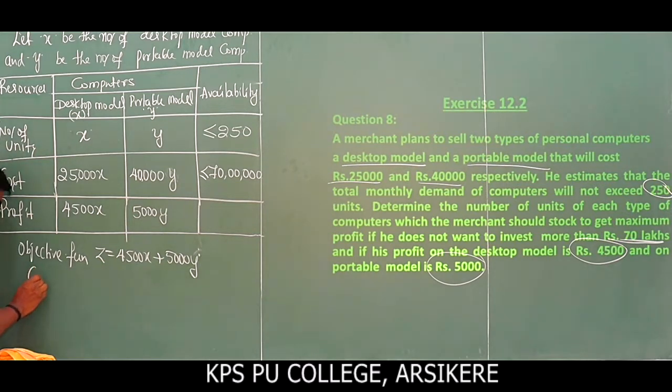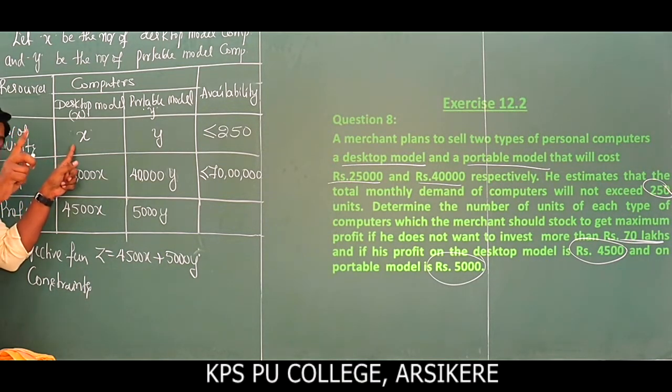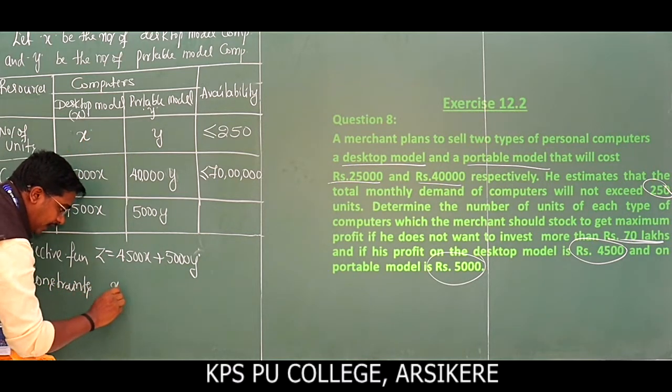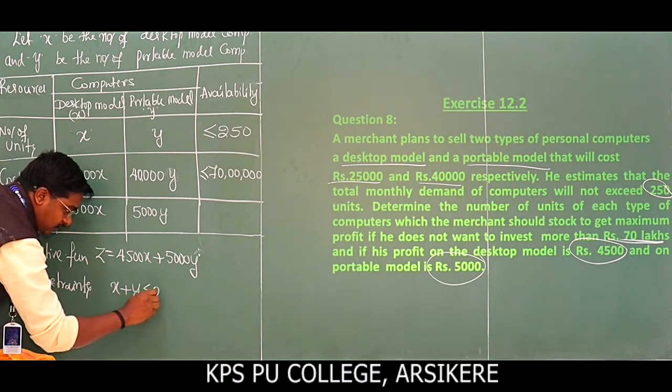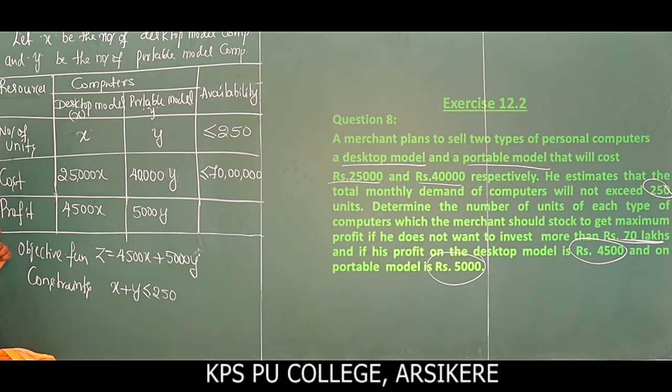So what about the constraints here? Total number of units cannot exceed 250, right? That becomes X plus Y less than or equal to 250. Clear?